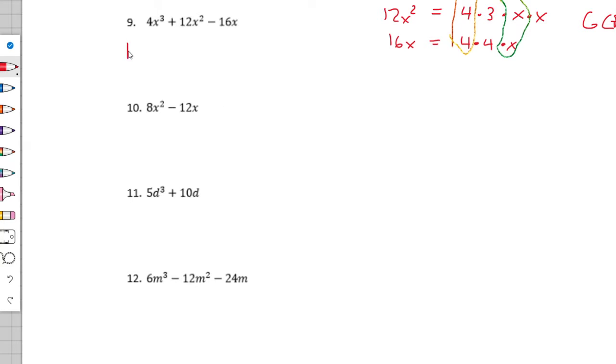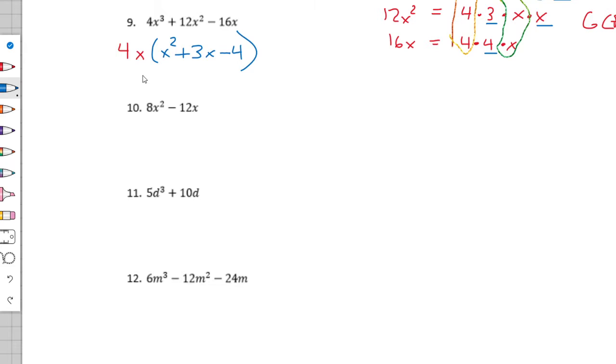So I'm going to write 4x. What's left of the first term? x times x, so x squared. The second term, 3x, plus 3x, minus the last term, we got 4. That would be our answer.